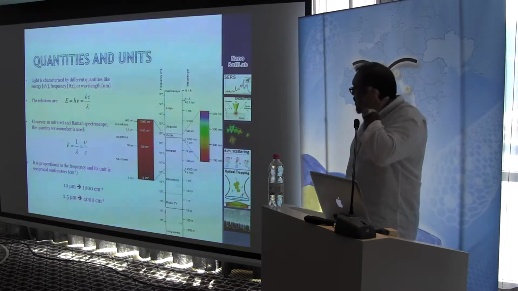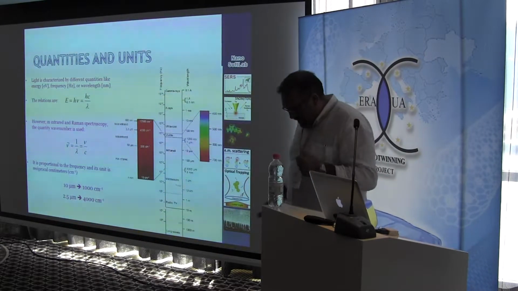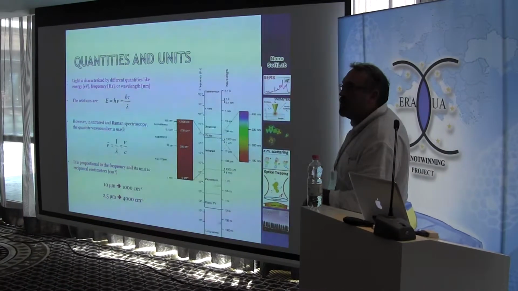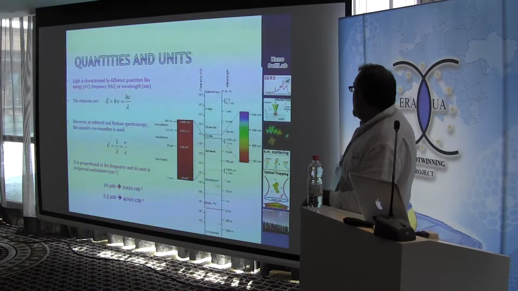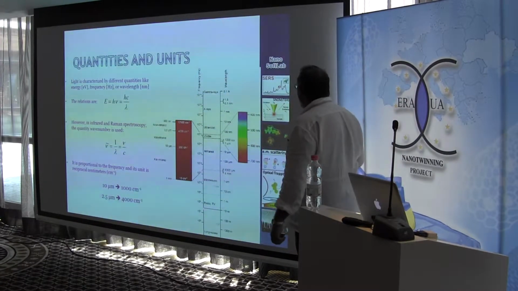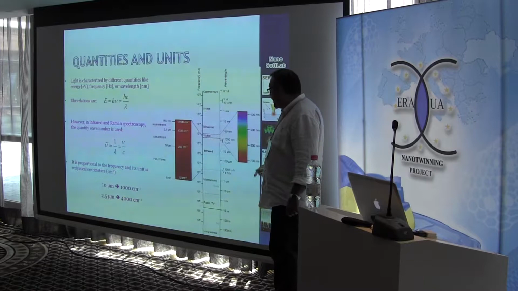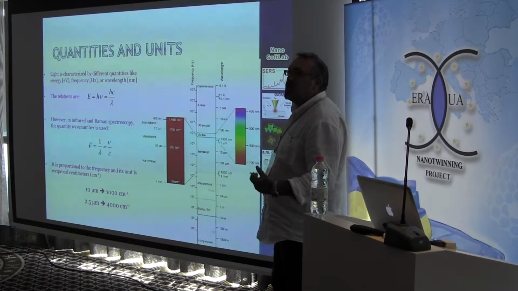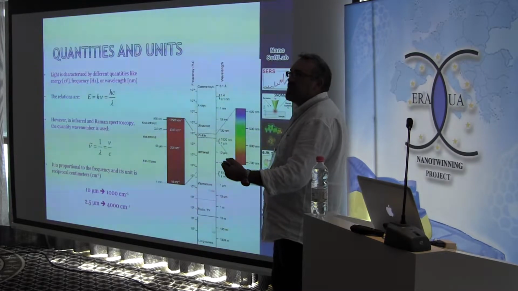Quantities and units. When we do spectroscopy in the visible range, we typically use nanometers, the wavelength of the light. Spectroscopy in the visible range goes from 400 to 700 nanometers. While when we explore the vibrations, of course the energy is much lower.